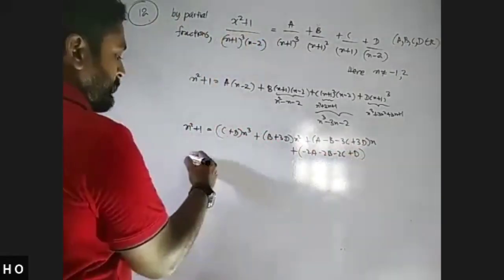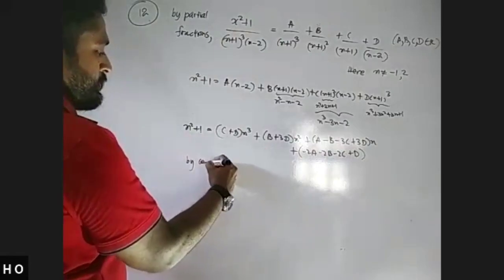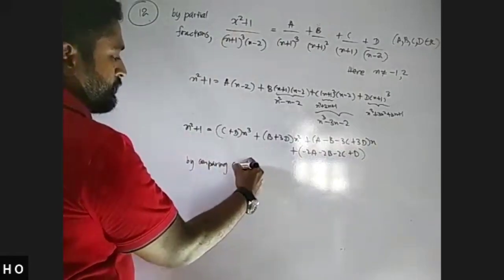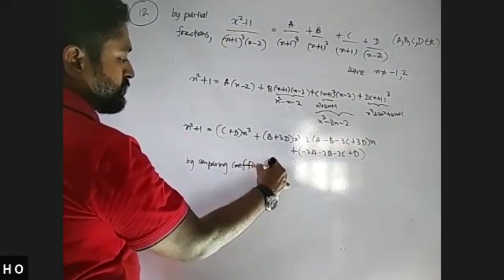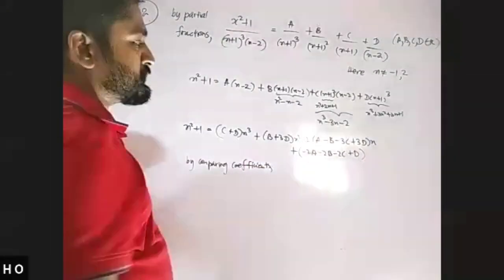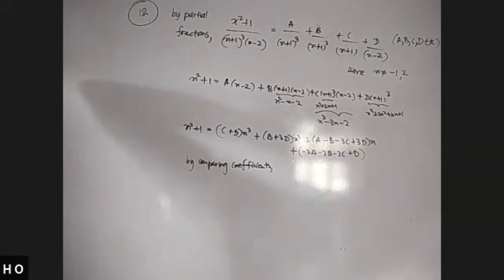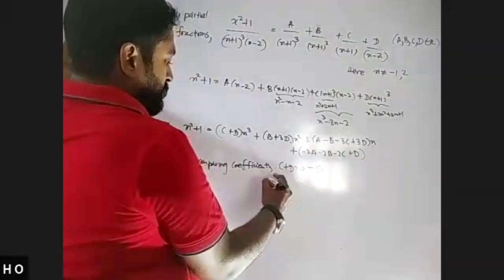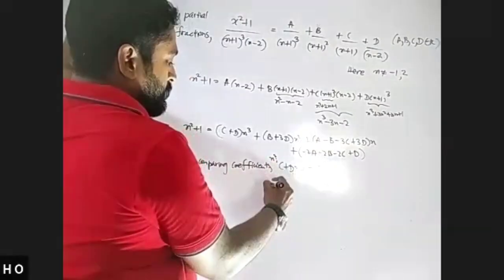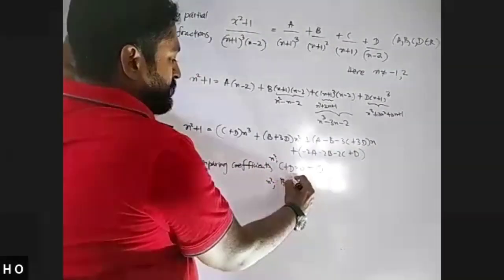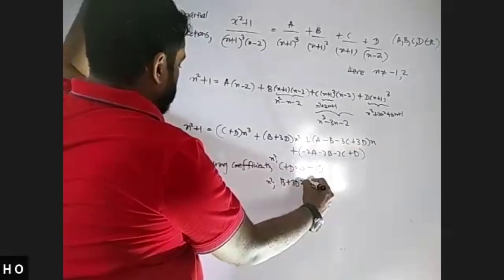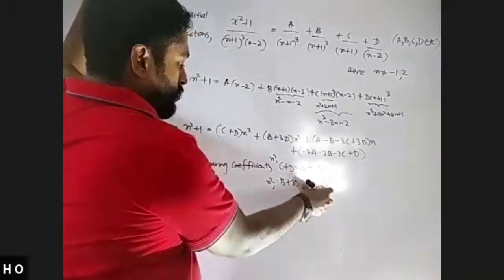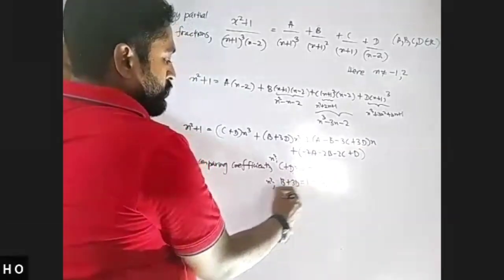So let us compare coefficients. At the start it is C plus D, so C plus D is 0. That is for x cubed, equation 1. For x squared, B plus 3D is 1, that is equation number 2.